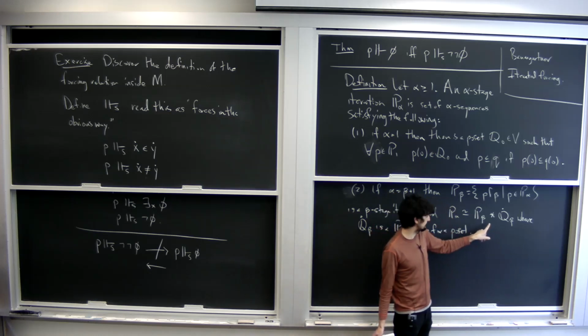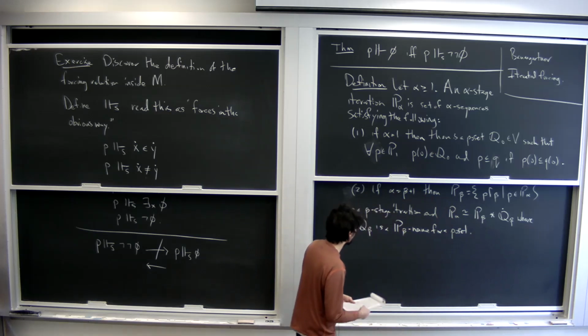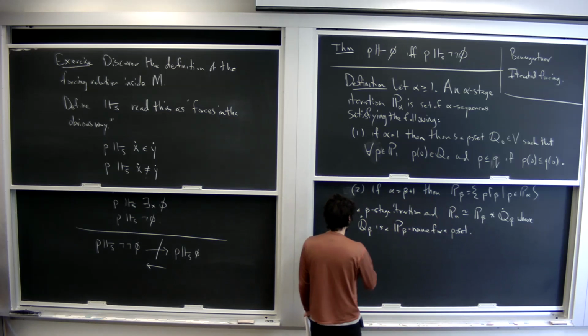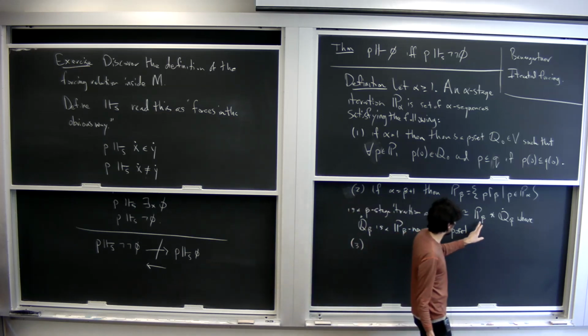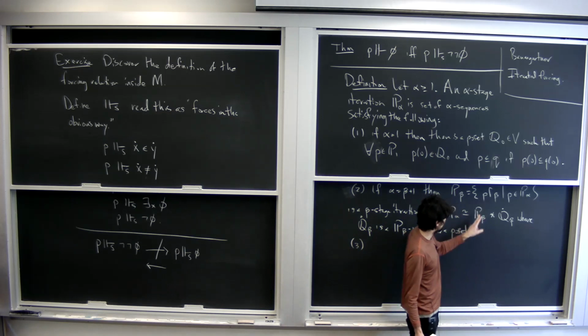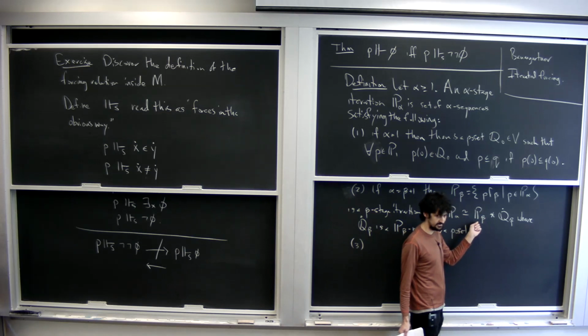It's just the copied order. I don't need to say anything more in this case. Also, it's worth noting that by induction we've demanded that this P beta is a beta stage iteration, and inductively that tells me what the ordering is on this P beta.